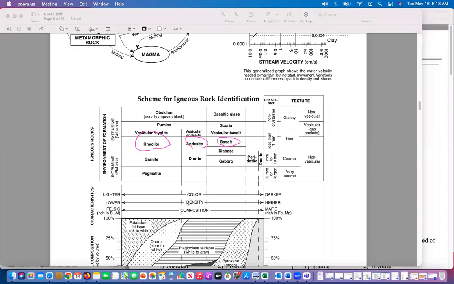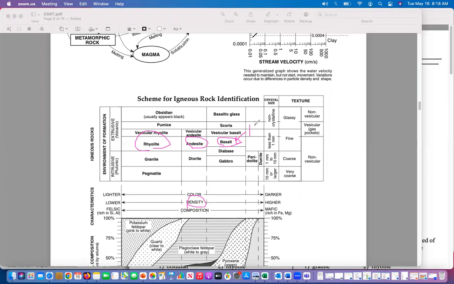Now, when talking about density that we see here, the rule is if I move towards the left, my density is lower. If I move towards the right, my density is higher, as it states here. So therefore, which rock is most on the right? It is basalt, which has the highest density.